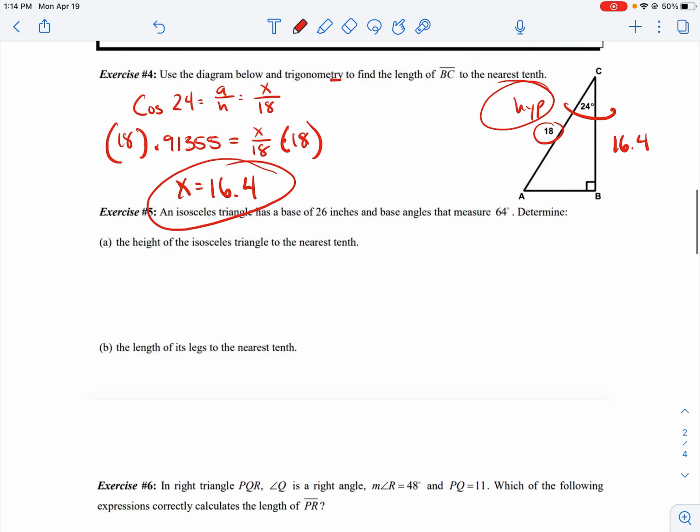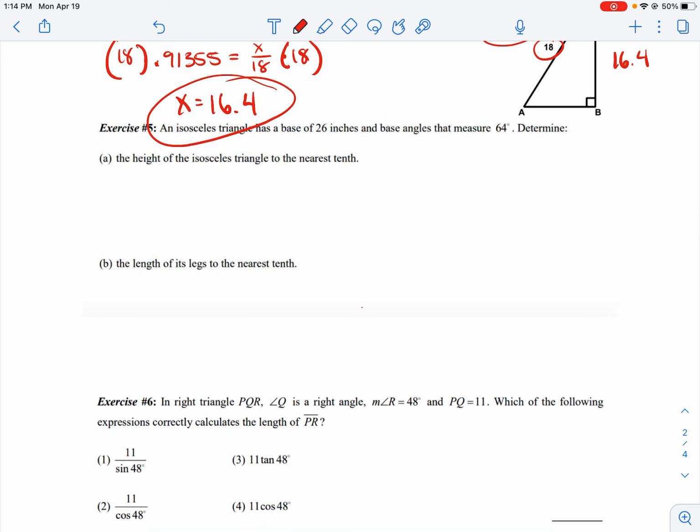Okay, the next one is about an isosceles triangle. I'm trying to make one the best I can here. Not too bad.